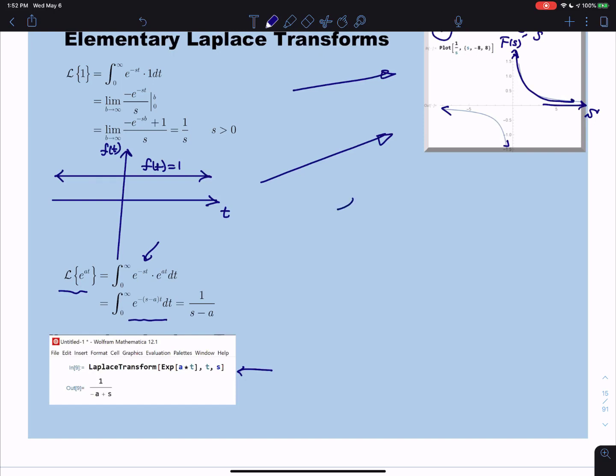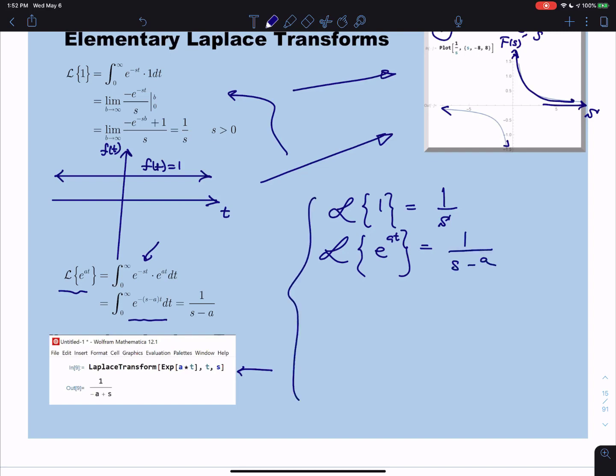So from now on, everywhere you see the Laplace transform of 1, and if you're not specifically being asked to show me how the Laplace transform is what it is, then you can just remember that the Laplace transform of 1 is always 1 over s. So you don't have to go through this integration every time. And you also, from now on, remember the Laplace transform of e^(at) is always 1 over s minus a.